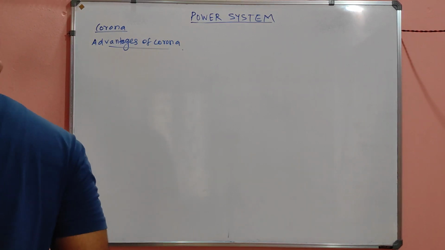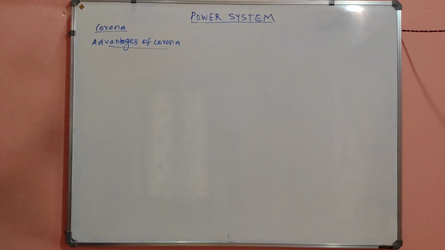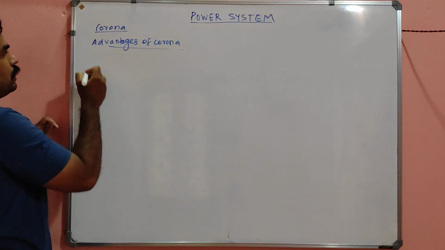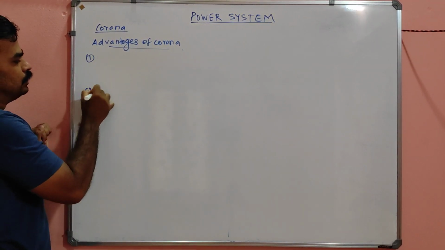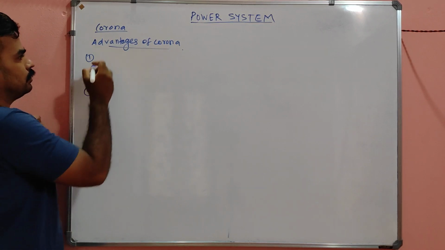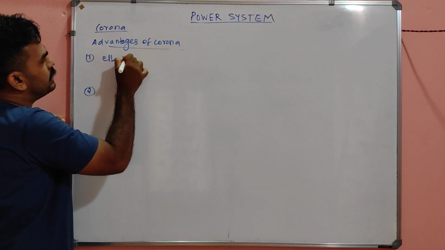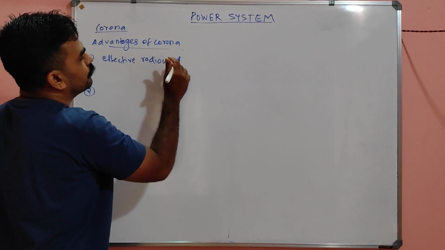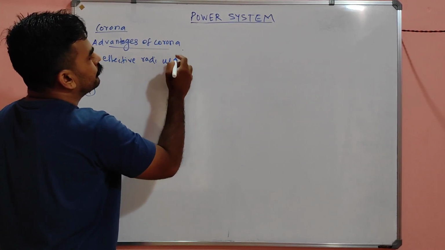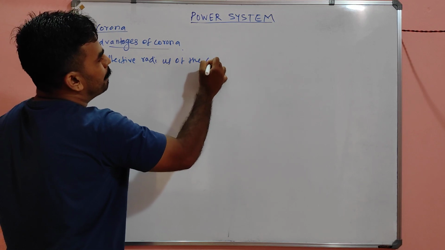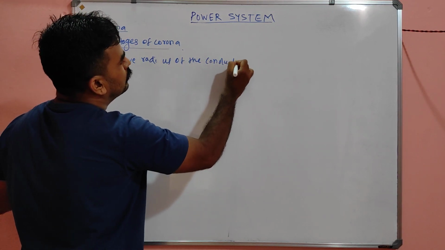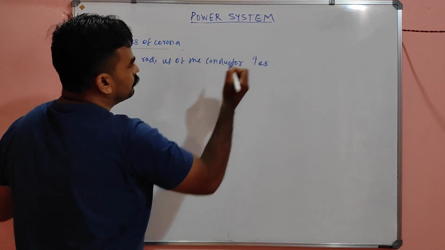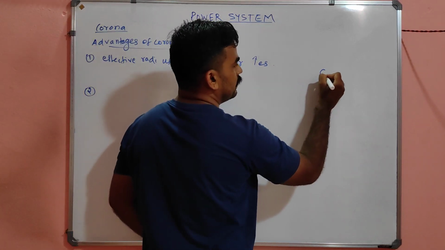Advantages of corona. Actually, there are two advantages. One advantage is that the effective radius of the conductor increases. Why? This is the conductor initially.